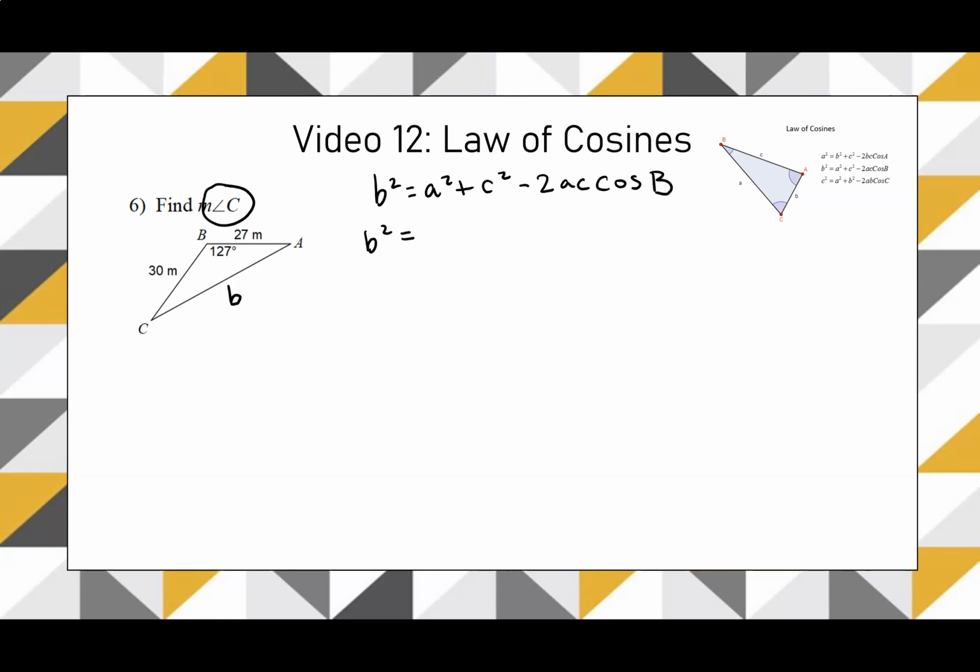And then, of course, my A is this one and my C is this one. And it doesn't matter if you mix those up, but let's keep it consistent. 30 squared plus 27 squared minus 2 times 30 times 27 times cosine of 127.